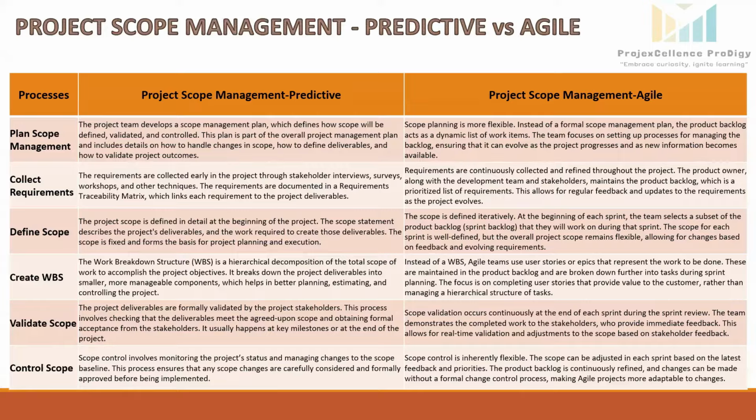The scope can be adjusted at the start of each sprint based on the feedback from client, from stakeholder. The product backlog is updated continuously, allowing changes without a formal approval process like predictive has. This makes the Agile projects more adaptable to change.